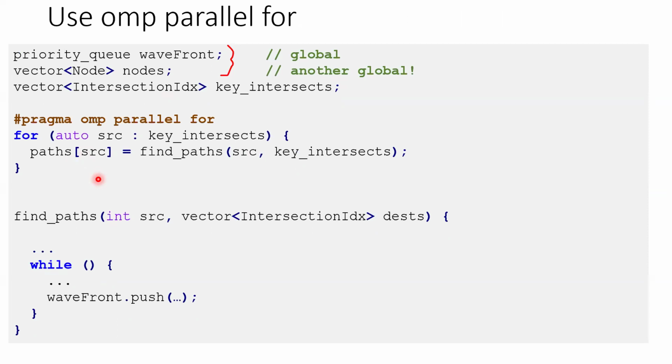Next thing, we want to parallelize this by adding the OpenMP parallel for before the for loop. And this will run the paths in parallel.